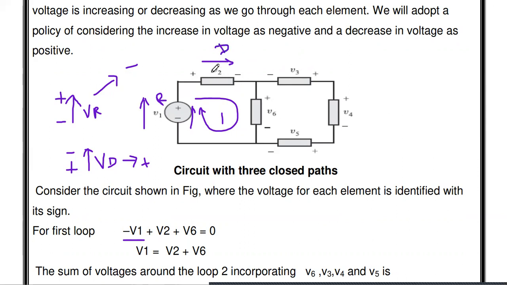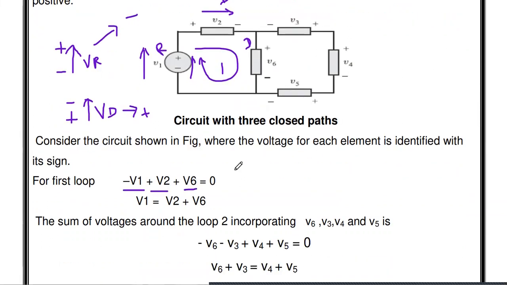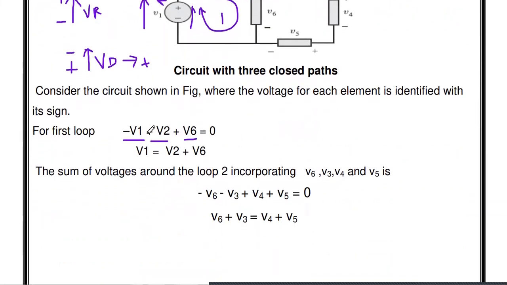The voltage value is V2, so we put plus V2. Then when we are coming here, V6 plus to minus is also a voltage drop, so plus V6 equal to 0. From that, V1 can be written as V2 plus V6. So this is one of the KVL equations.